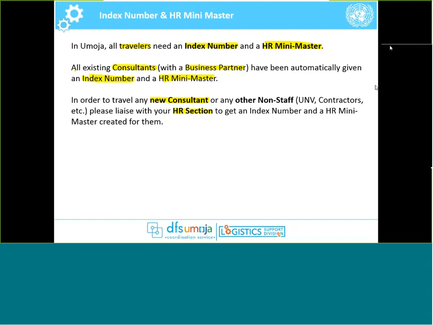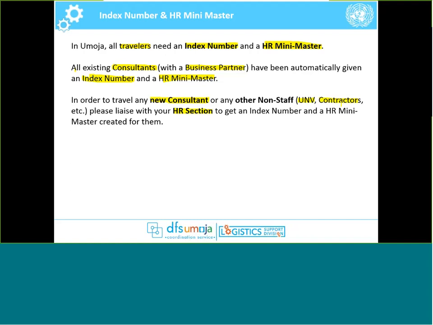Or if you need to travel a UNV or a contractor, they didn't have an index number or an HR minimaster before. So you'll need to contact the HR section to make sure they have an index number and an HR minimaster record created for them. Otherwise, as a travel administrator, you will not be able to raise a travel request on their behalf.